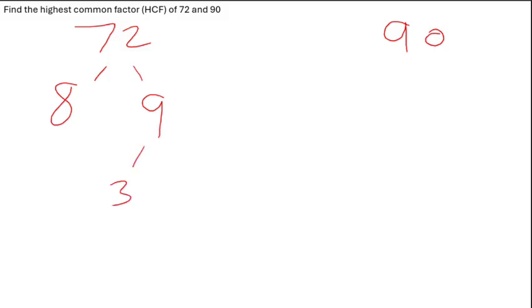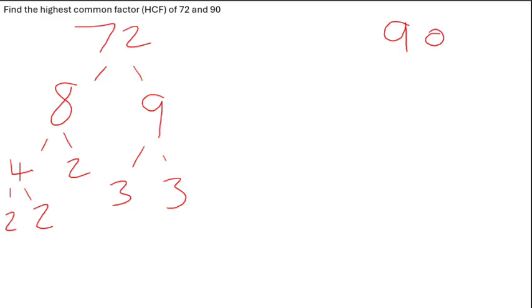I can split 9 into 3 and 3. They are prime, so I don't need to divide them anymore. 8, I got 4 and 2. Then 4, I've got 2 and also another 2.